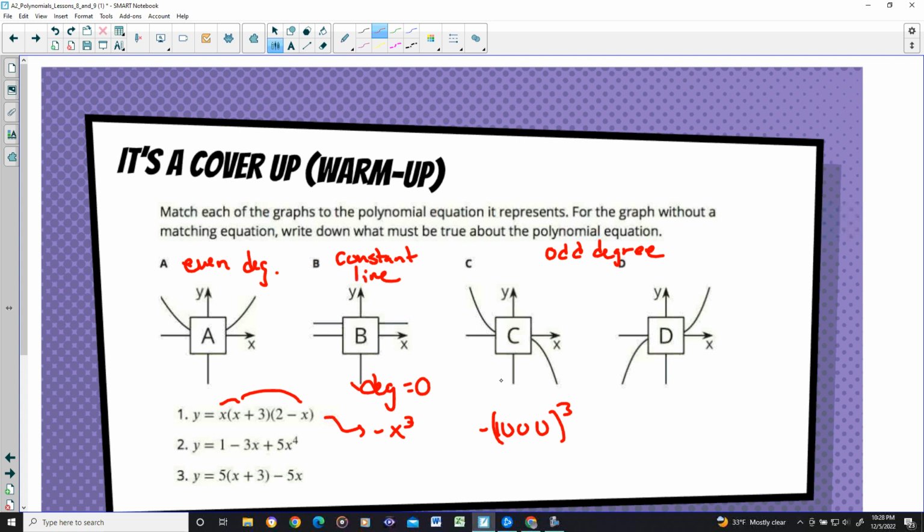But is it positive or is it negative? Okay, so it looks like that when I plugged in positive 1,000, it's going to be a big number, but then it's made negative. So a positive 1,000 leads to a negative answer.